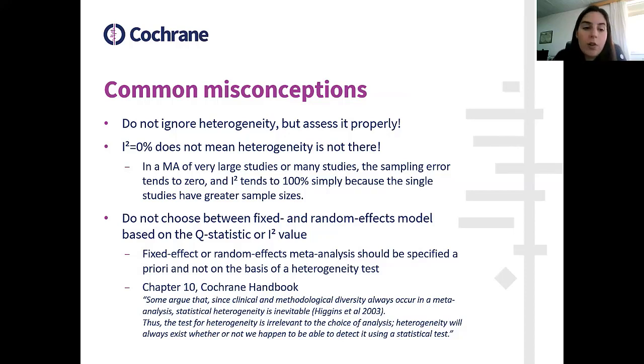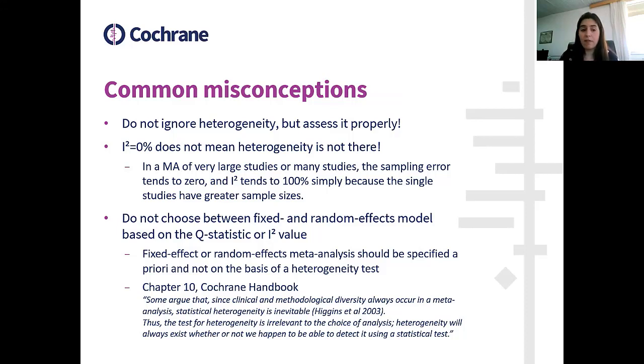Secondly, an I-square of 0% is often interpreted as meaning that heterogeneity is not there. There is no heterogeneity in the analysis, which is not true, because it does not mean heterogeneity is not there, especially when using I-square.